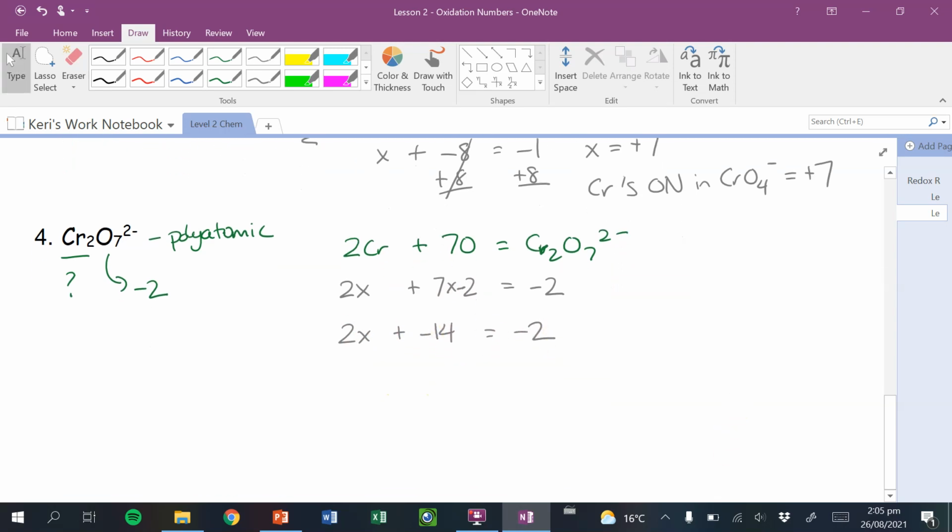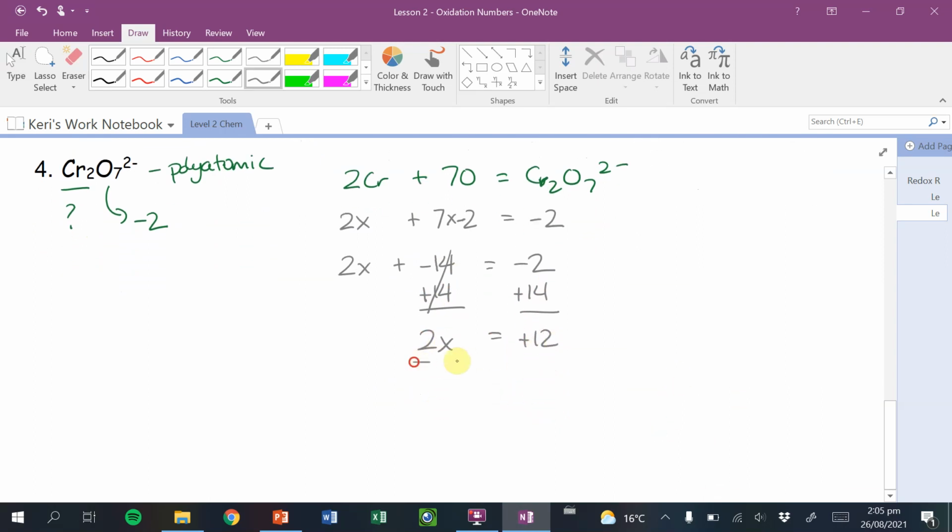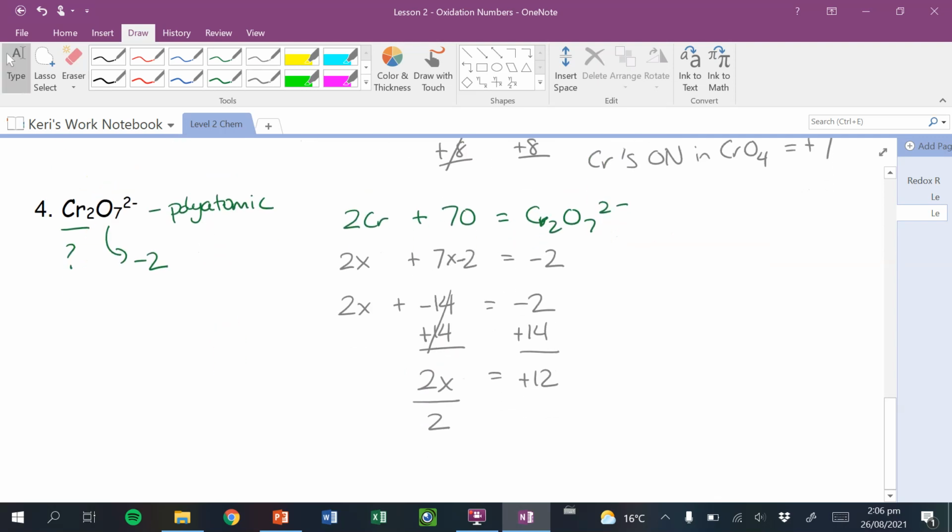Now I need to get rid of the 14s, so I add 14 to each side. The 14s cancel. This becomes positive 12 equals 2x, and then I need to divide by 2. You have to remember that in this formula there are 2 chromiums, and I only need the oxidation number for 1.